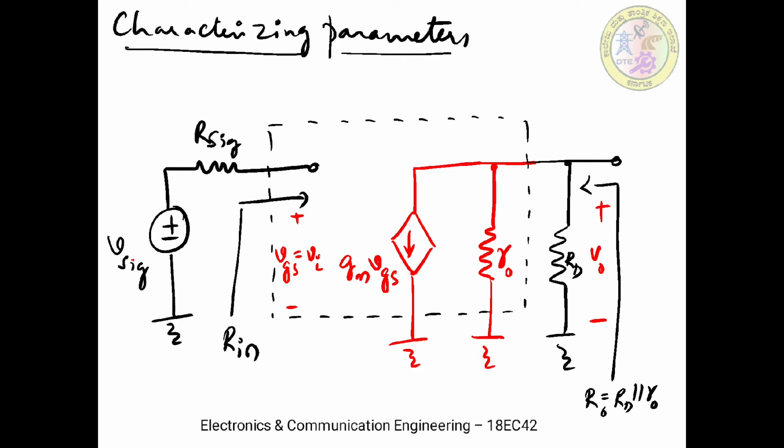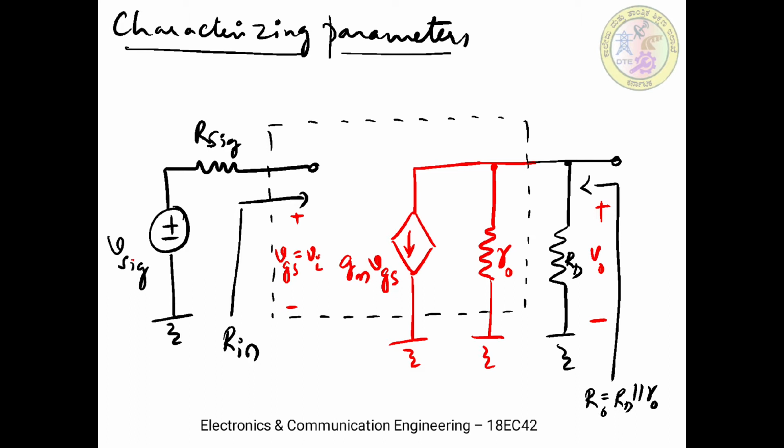Okay, so let us assume while writing the equivalent circuit that between the gate and source terminals the signal that appears as an input is Vi. So later we will see what is the condition because of which Vi can be made equal to V signal, which is written here as VSIG, the signal source. Okay.